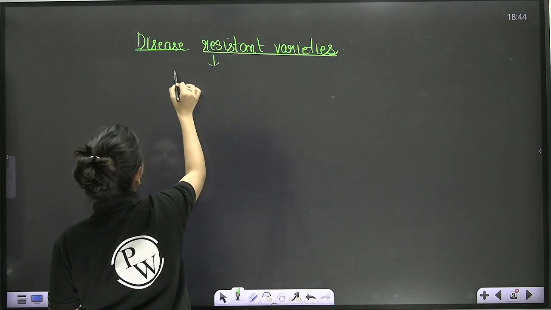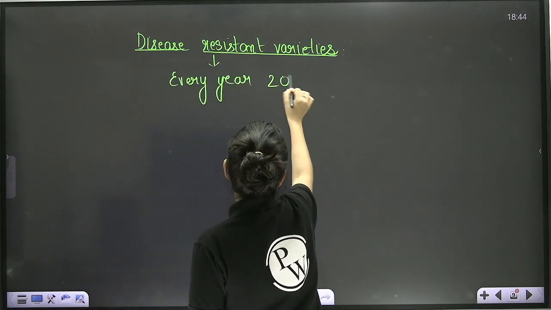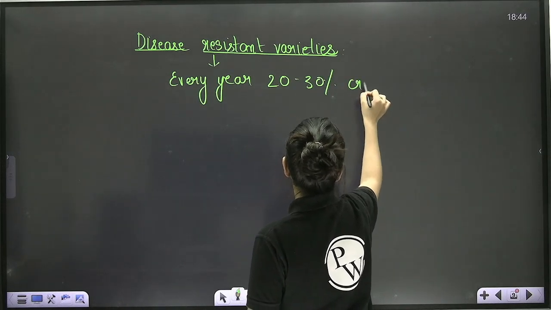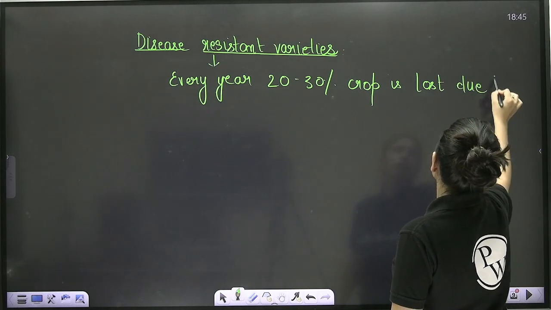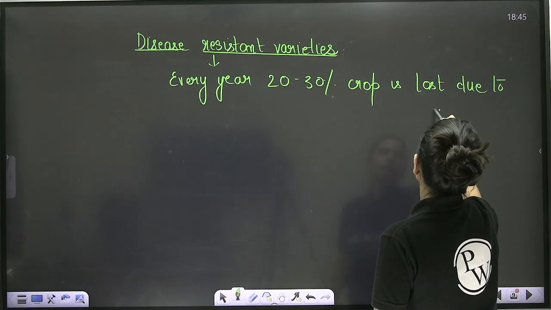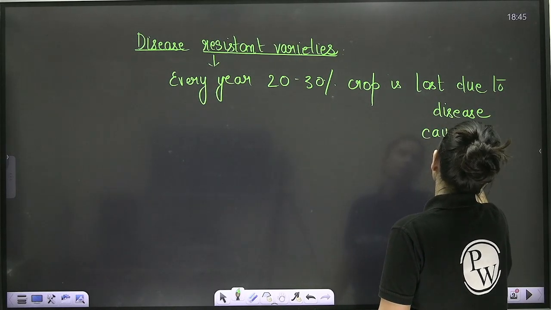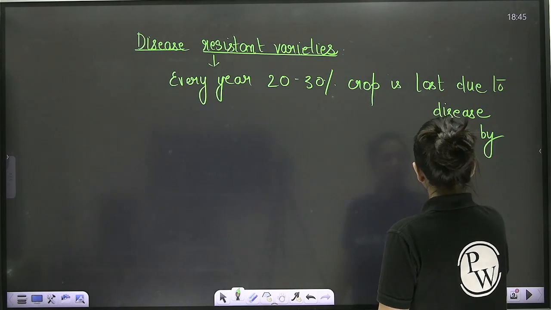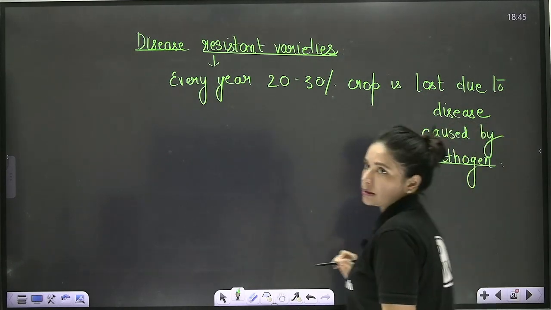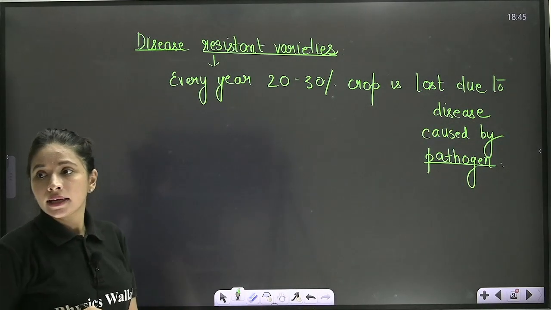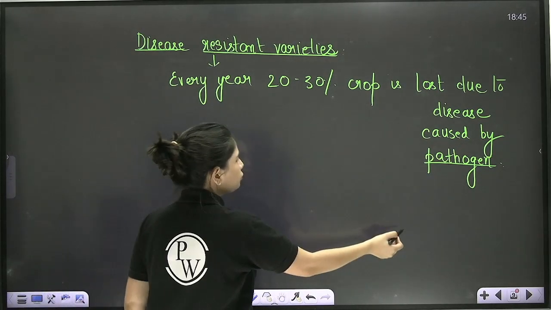Now, it is said that almost every year 20 to 30% of the crop is lost due to disease caused by pathogens, right? Now, what are those diseases? Let's see. So basically, beta, first of all, you should know what are pathogens.